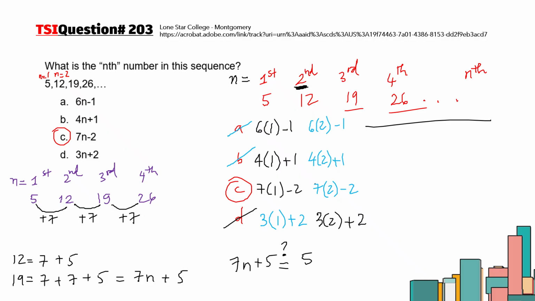You plug in 7 times 1, which is 7, so you cannot add 5 to make it 5. You have to subtract 2. So you have 5 equals 7 minus 2.